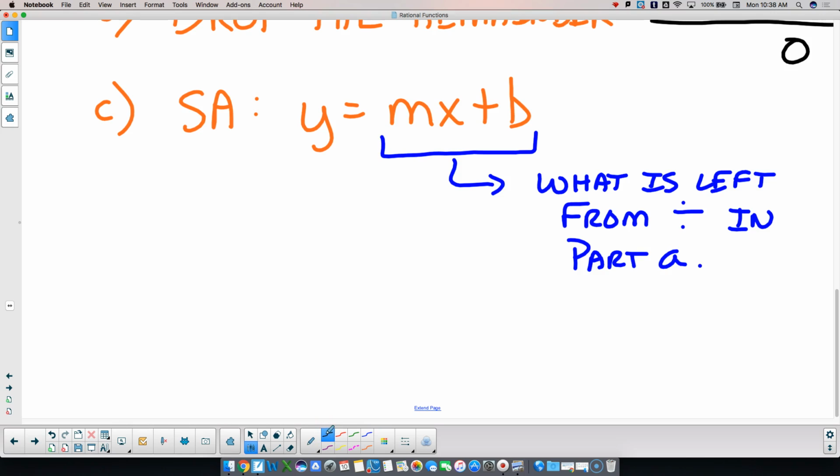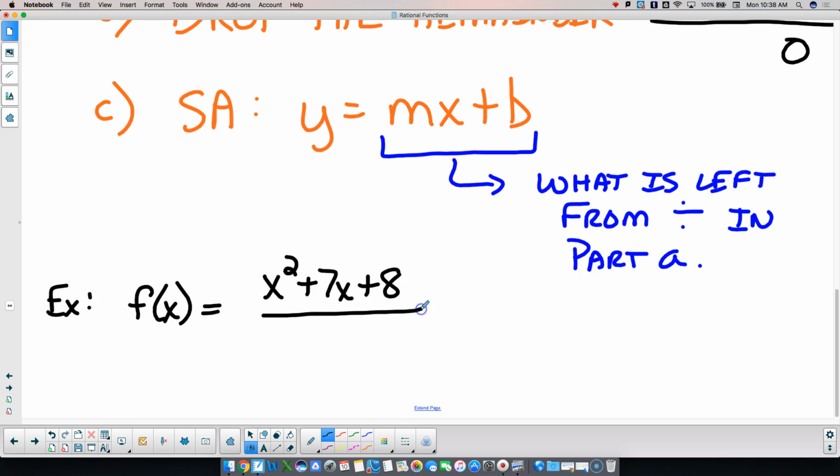So, for instance, there's my function. Factor anything you factored out.